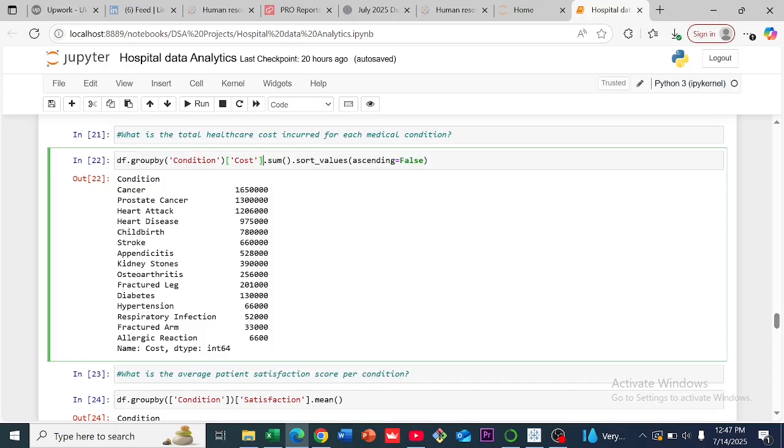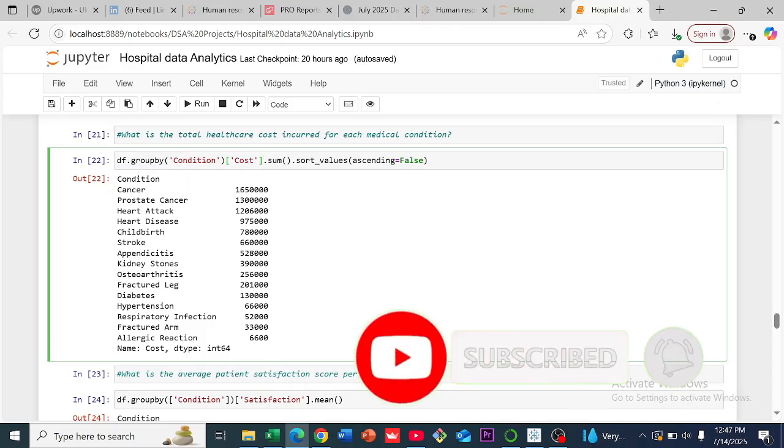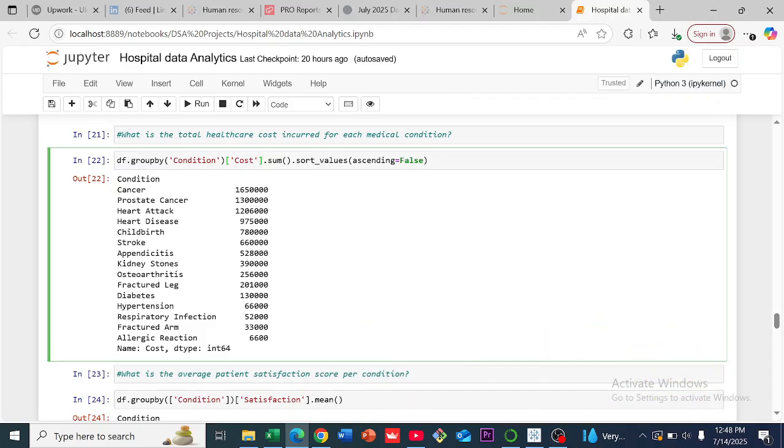Heart disease we have 965,000, and so forth. So you can see that the medical conditions that have incurred more money are cancer, prostate cancer, heart attack, heart disease, while the medical conditions where a lesser amount of money has been incurred are allergic reaction, fractured arm, respiratory infection, hypertension, diabetes, etc.